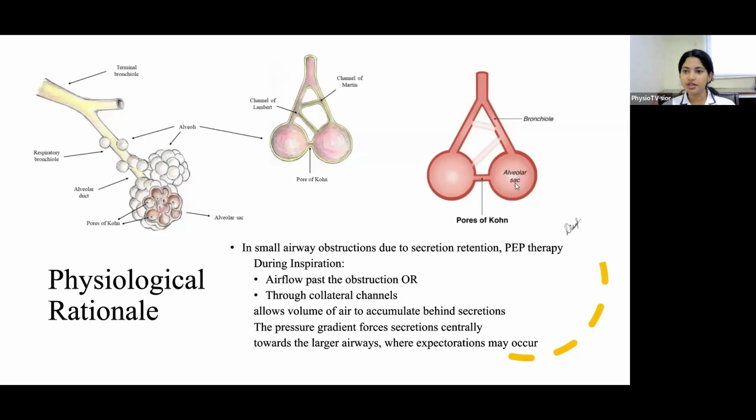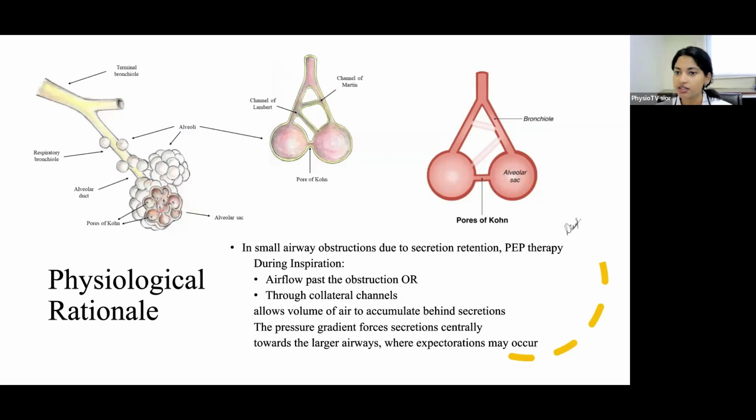So in inspiration with PEP therapy, you are able to open up the collateral channels and thus get the air behind the secretions. There will be a higher pressure space that will be created behind it. If there is a higher pressure space created here as compared to the pressure here, there will be a pressure gradient.